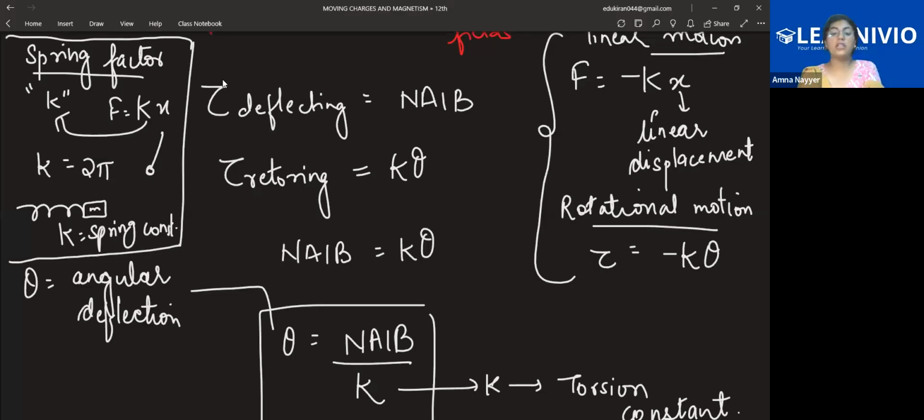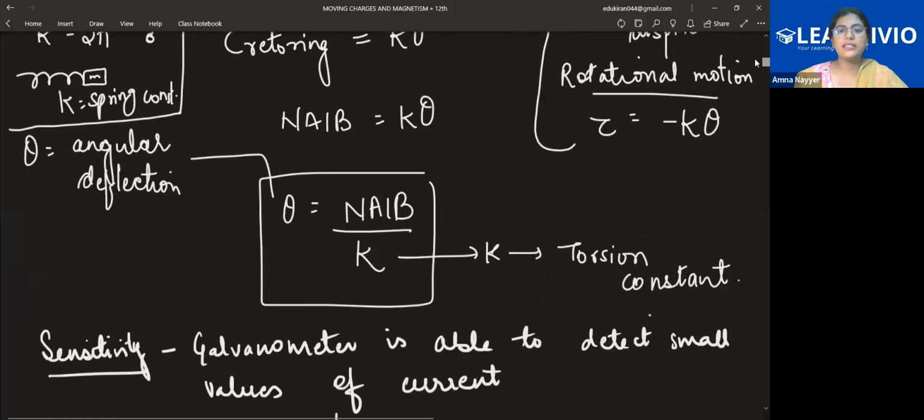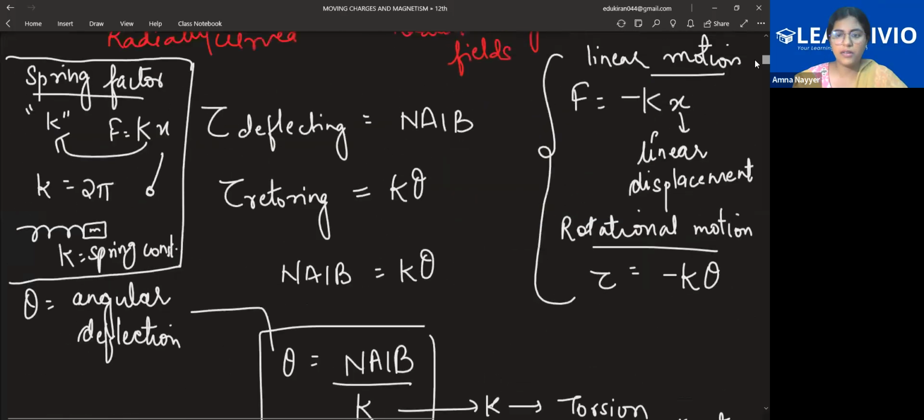This K is not the spring constant. Spring constant is particularly for your spring mass system, not for any other. For every other system which is existing, you already have certain constants that have to be followed. So this is what is meant by theta. Sensitivity we'll do later. First, write down this page.